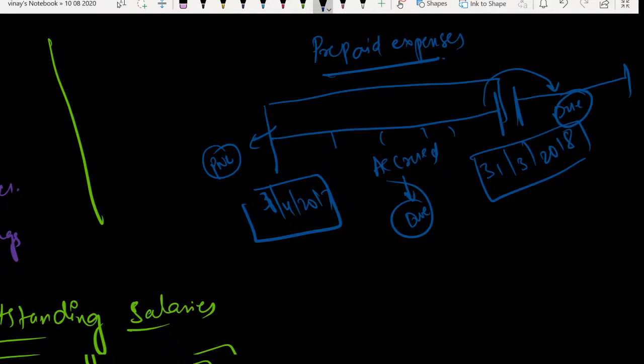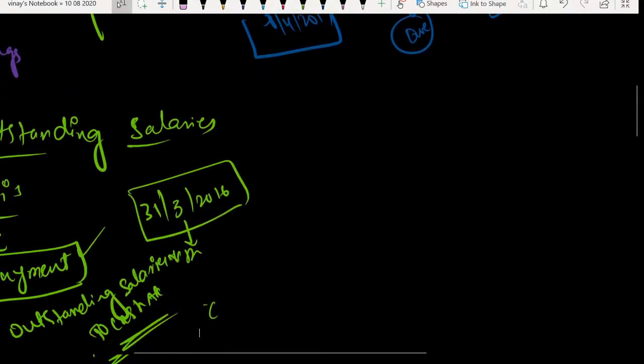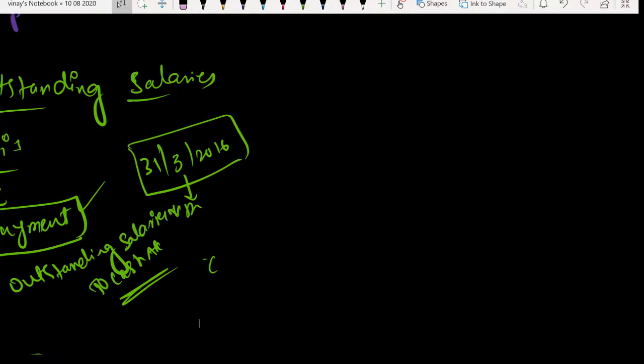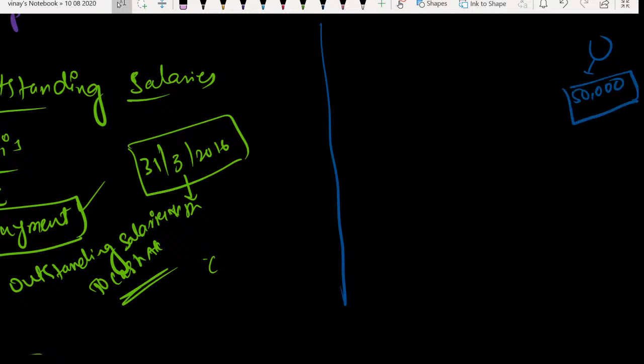You will recognize that as an expense when it falls due. So whenever I make the payment for prepaid expenses, for example, for the next year I have to pay around 50,000, today itself I'm paying.